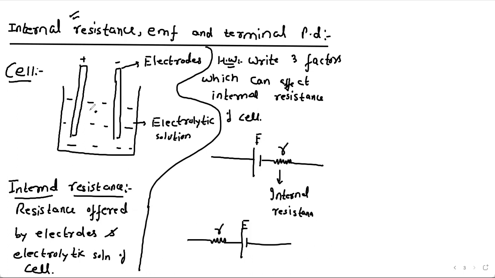Like on increasing concentration of electrolytic solution, internal resistance will increase or decrease. Similarly, on increasing the area, internal resistance will increase or decrease. By changing the separation between the electrodes, internal resistance will increase or decrease. That you have to decide. You can either Google or you can use NCERT or any other textbook. You'll find this in almost all textbooks.